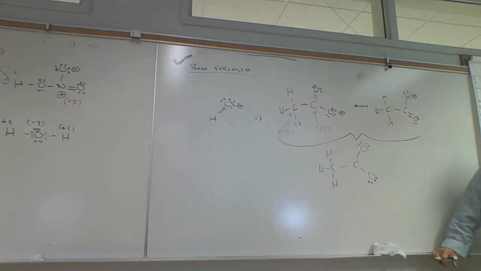The true structure is gonna be a mix of those, and it's gonna be a 50-50 mix because we have two contributing structures of equal weight. And so we end up with... nobody remembers the name?